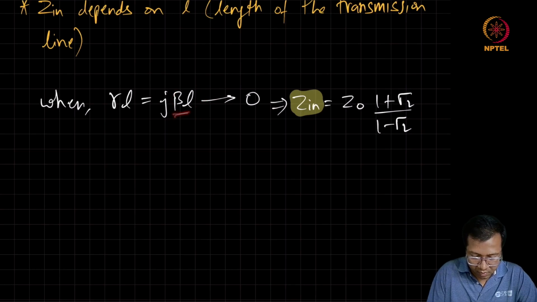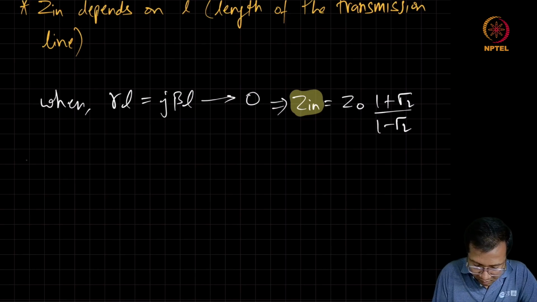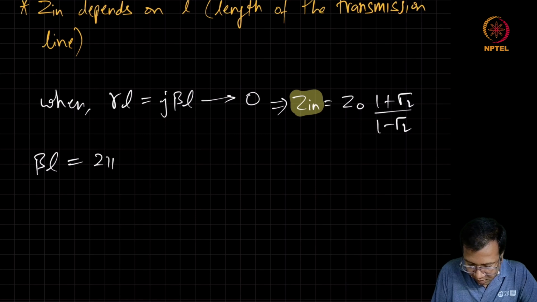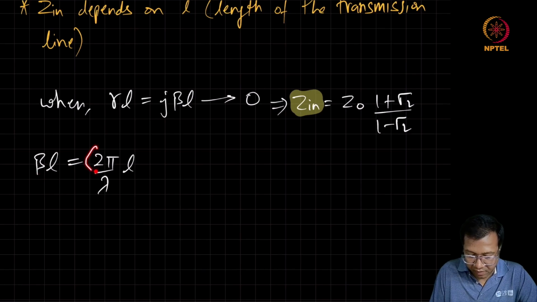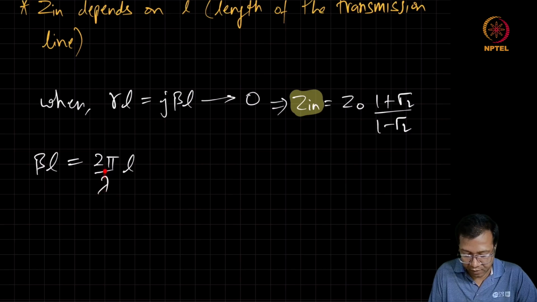So this can be rewritten as 2 pi by lambda times L. Beta decides that the phase is going to accumulate by 2 pi when it covers a distance equal to the wavelength of the signal on the line. That's why beta is equal to 2 pi by lambda.